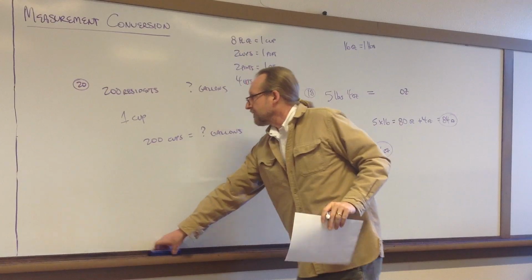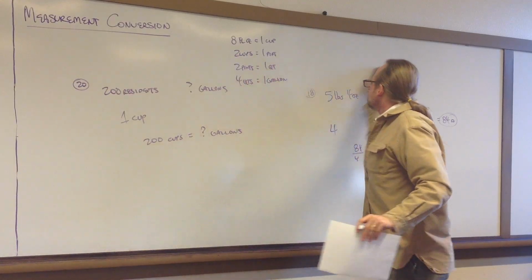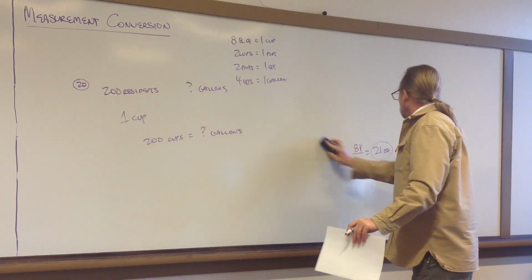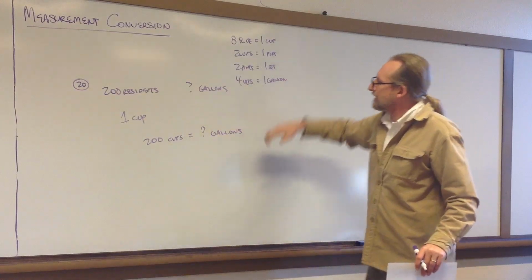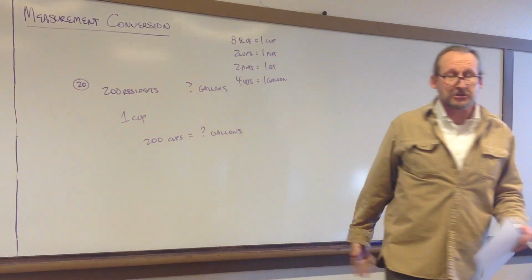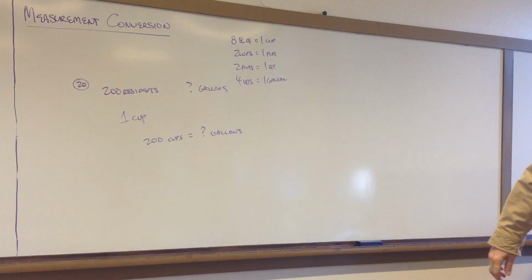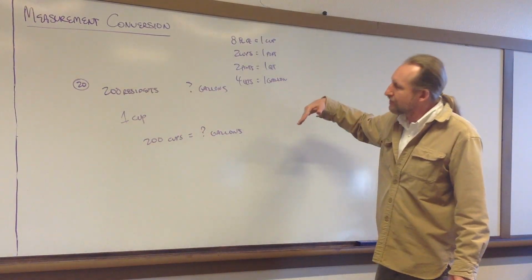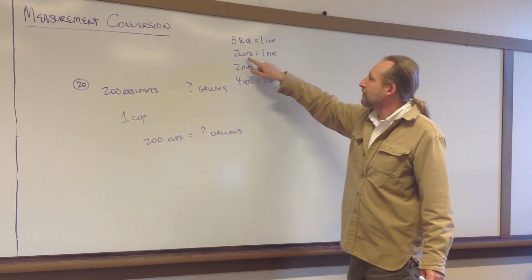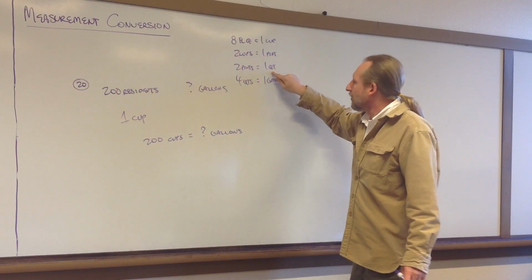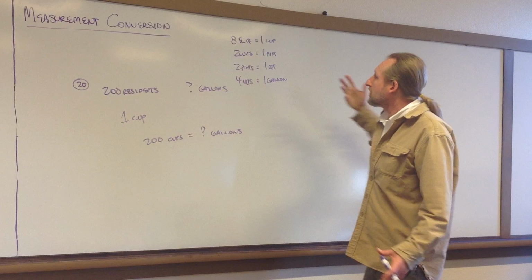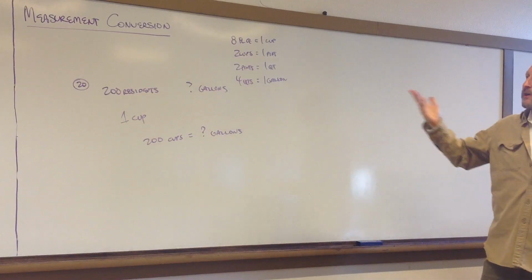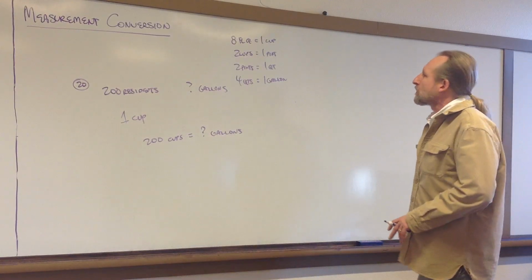Okay, so we've got a choice here. We can build a conversion factor to go straight from cups to gallons. That's one way to go about doing it. Or we can do successive conversions, where we go from cups to pints, pints to quarts, quarts to gallons. Okay? However we go about doing it, we're going to be essentially doing the same thing.